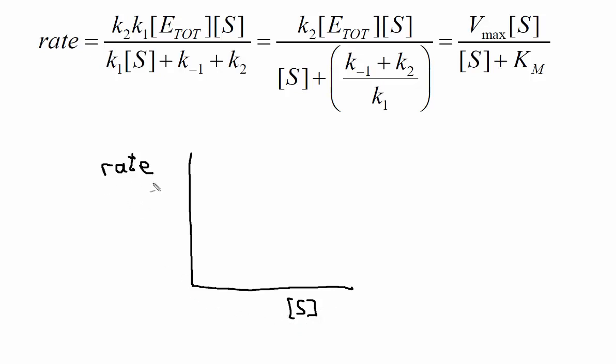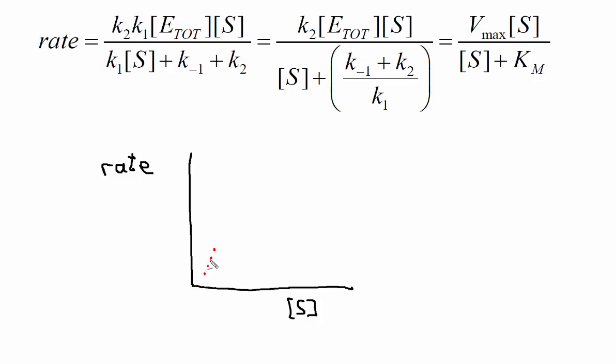And so looking at the equation itself, let's think of what this graph might look like. If we begin with a small substrate concentration, then we'll see that there is a linear dependence initially, that as you increase the substrate concentration, the rate will go up linearly.